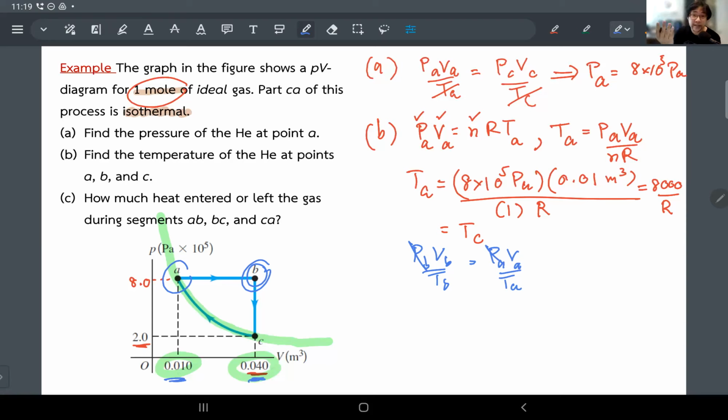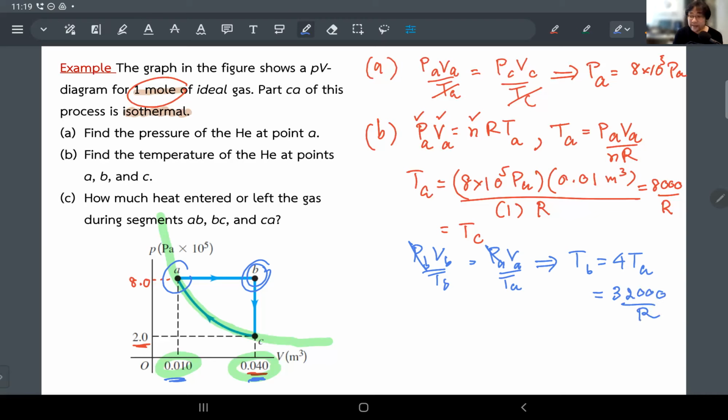Of course, the temperature has to be 4 times larger as well. So what I can get from here is the temperature at B is going to be 4 times the temperature at A, according to the ratio of the volume. And that's it. So temperature at B is going to be 32,000 over R. All right.